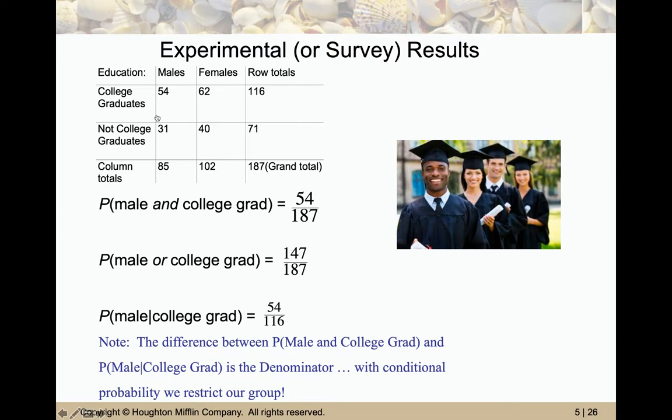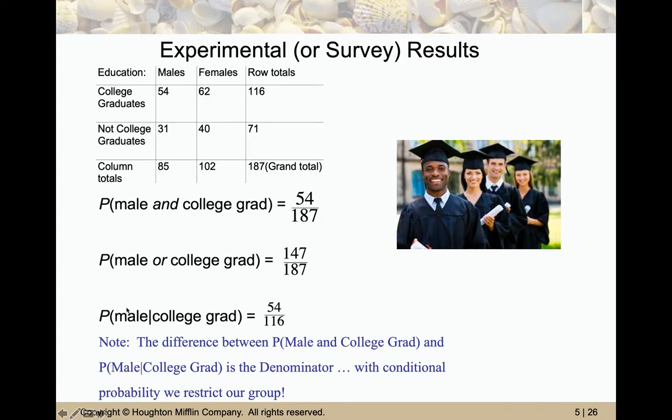Or you could do, okay, I'm going to do the number of males, 85, plus the number of any college graduates who haven't already been counted. So I've already counted the 54 of my 85. So I'm just going to do 85 plus 62, and you still get the same 147 out of 187.